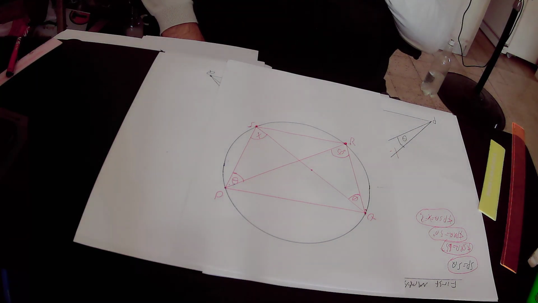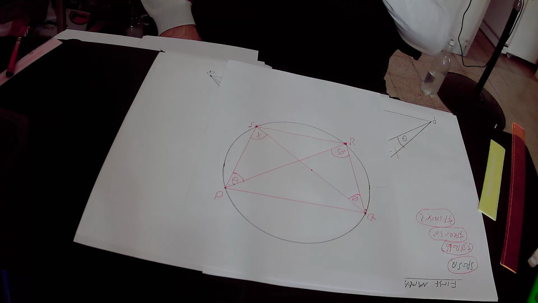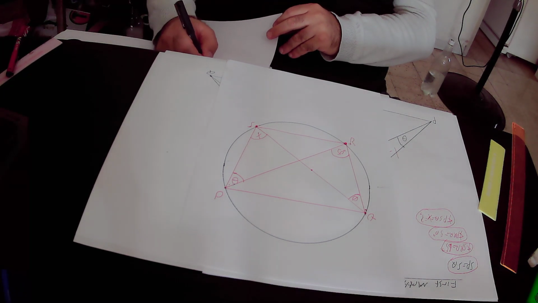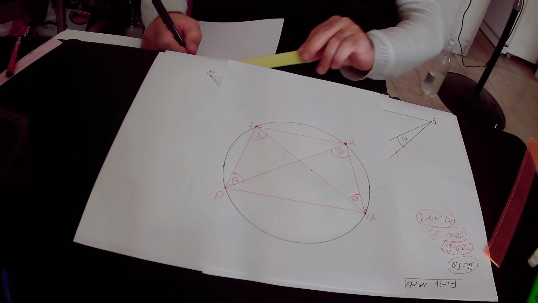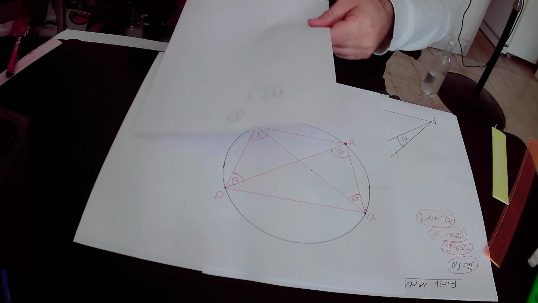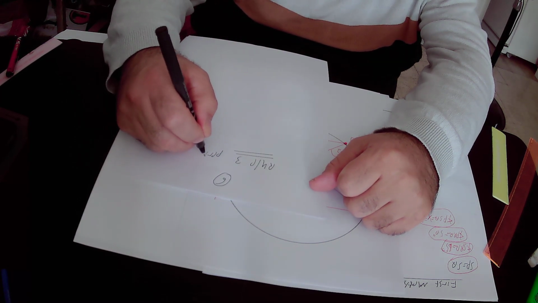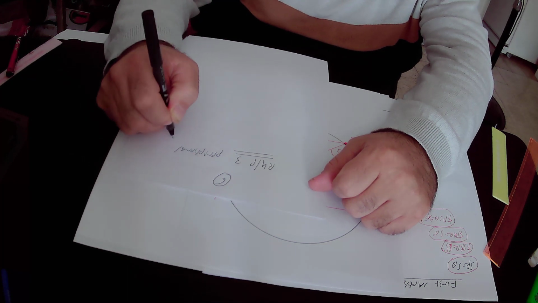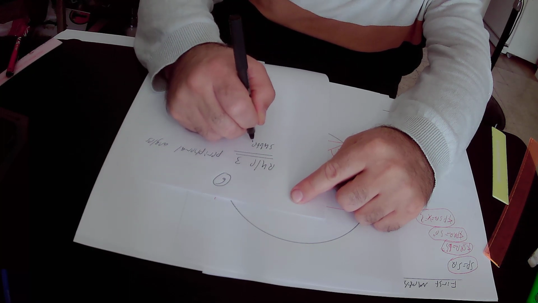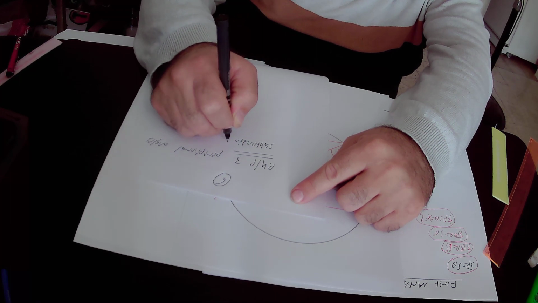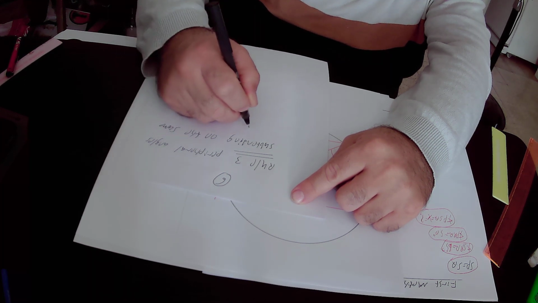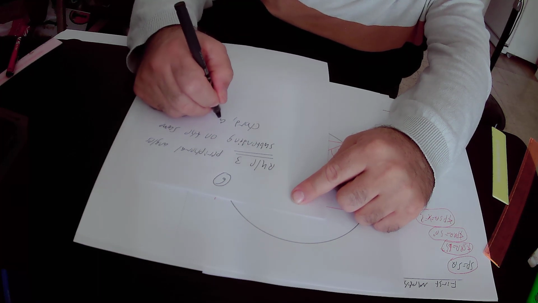Okay, so we also have rule number 3. Rule number 3 states that peripheral angles subtending on the same chord are equal to each other.